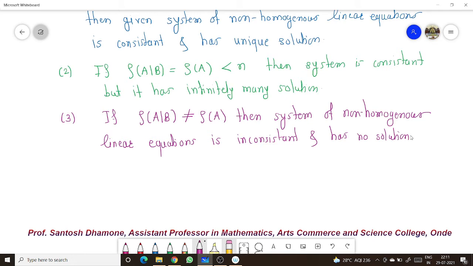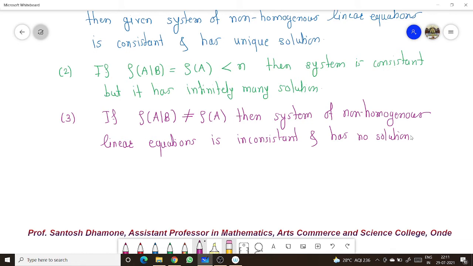This is the first row R1, the second row R2 and the third row R3. We make 0 at position A21 and also at position A31, and in the next step we make 0 at position A32.